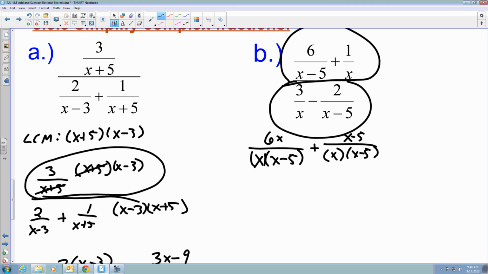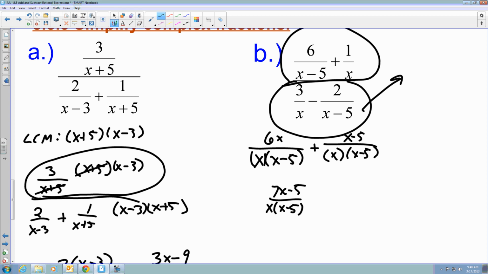So adding these together, I'm left with 7x minus 5 over x minus 5. So that's the numerator in this. If I look at the denominator here, I can do the same thing with the x minus 5.